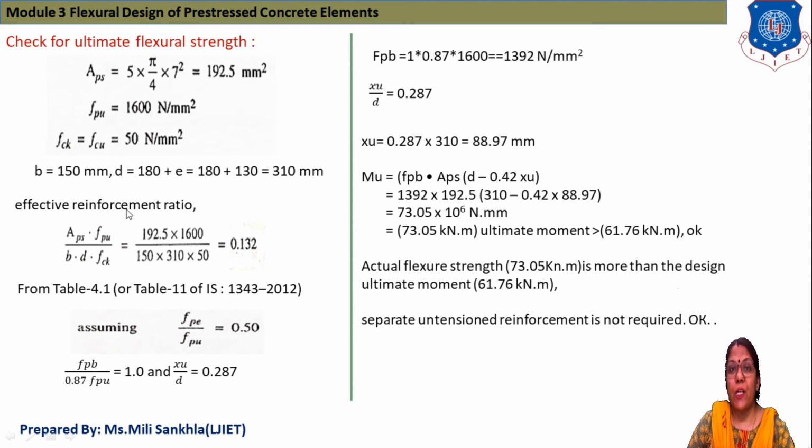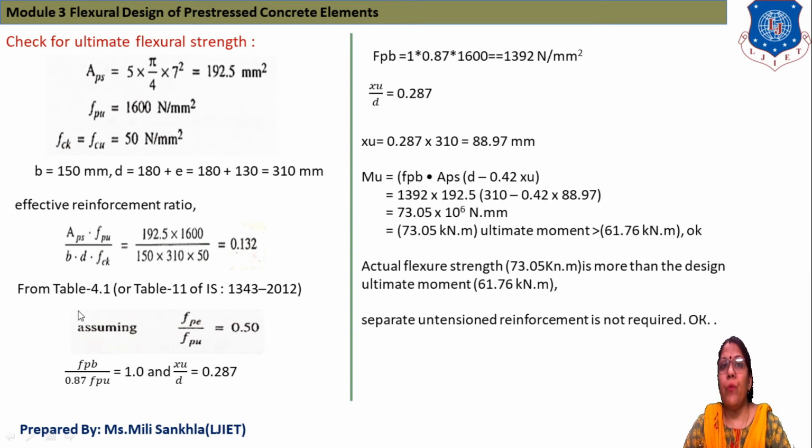Effective reinforcement ratio is APS into FPU divided by B into D into FCK. Here the area of pre-stressing steel is 192.5, FPU is equal to 1600, B is equal to 150, D is 310, and FCK is equal to 50, that gives 0.132.